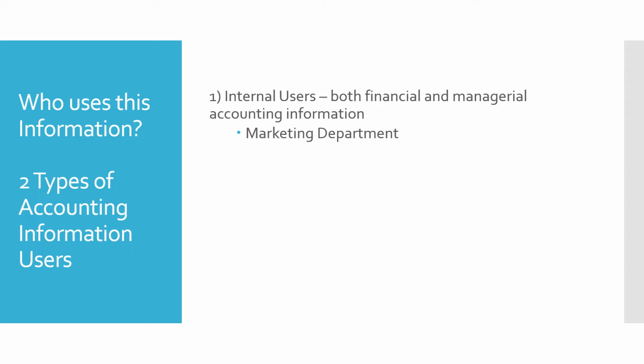The payroll department might take a look at the relationship between salaries expense and what they owe their employees, salaries payable. So these internal users might also use what is known as managerial accounting information, which is information that is prepared only for internal users, but they also are going to use this financial information that is prepared for both internal and external users.